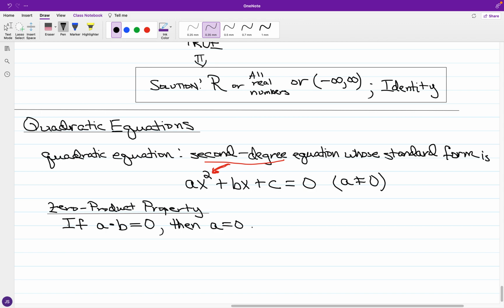So it might be that a is equal to 0, or it could be that b is equal to 0.